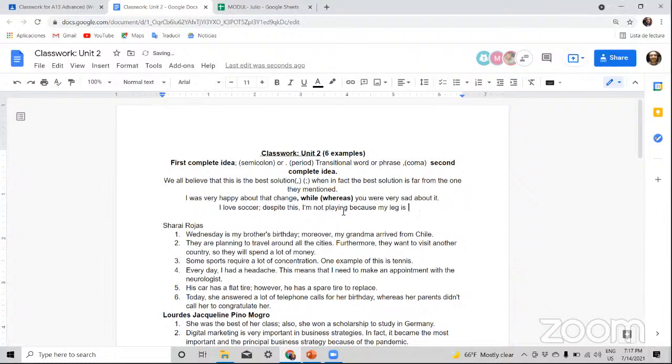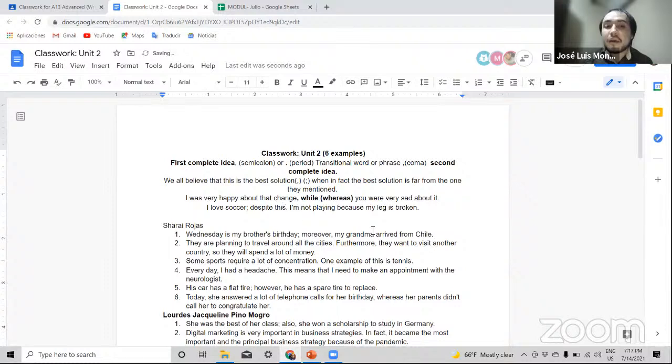Oh, okay, teacher. So I have to use this after despite to make sense in the sentence. Exactly. But you have a second option, and that's what I'm going to mention here, Luciana. If you don't want to mention this, you can write a phrase, not a sentence. It's incorrect to use a complete sentence after despite.